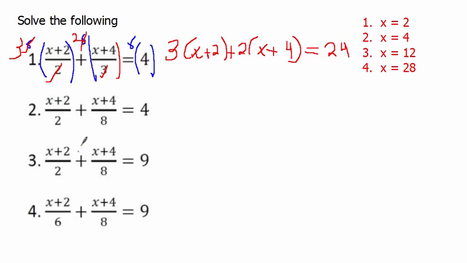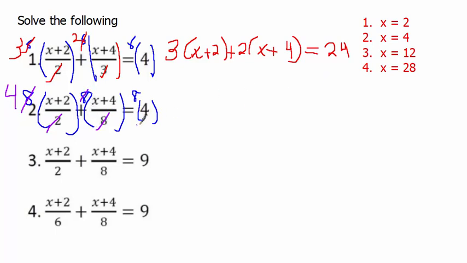In the second problem that we have here, we notice that 2 goes into 8, so my least common denominator is actually 8. So I'm going to multiply every term by 8. And I like to simplify things when I can. So what I notice is 2 goes into 8 4 times. 8 goes into 8 all the way.